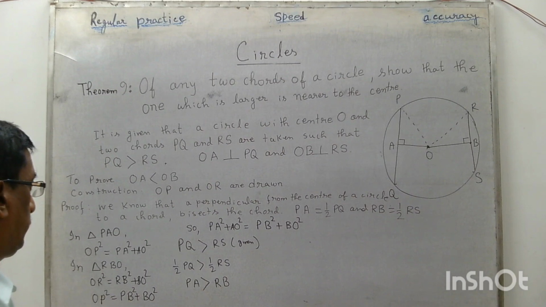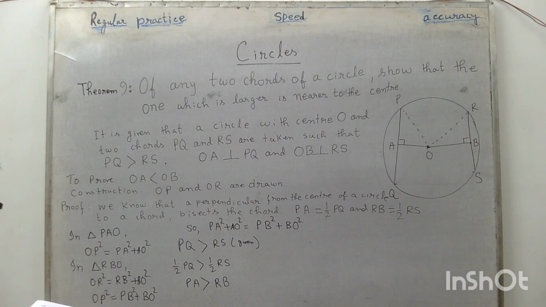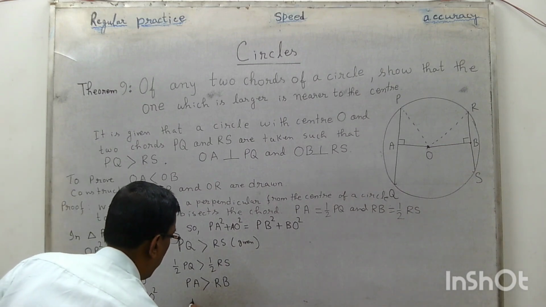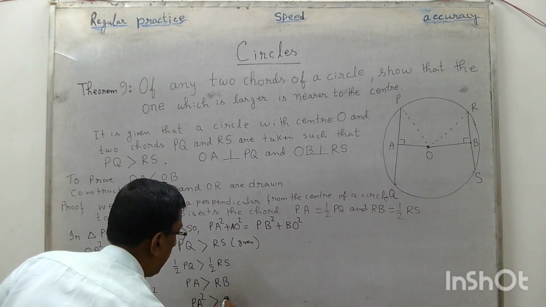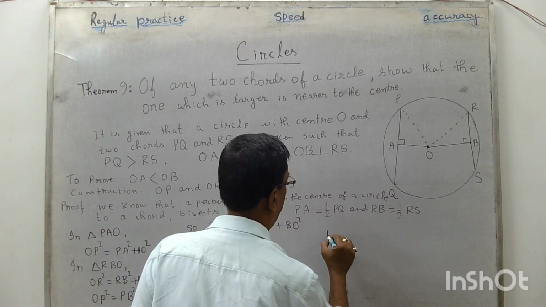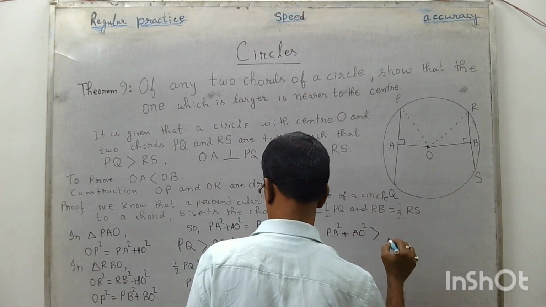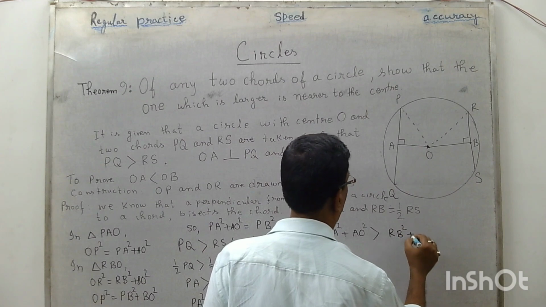PA is greater than RB, so PA square is greater than RB square. अब दोनों तरफ PA square plus AO square will be greater than RB square plus AO square.